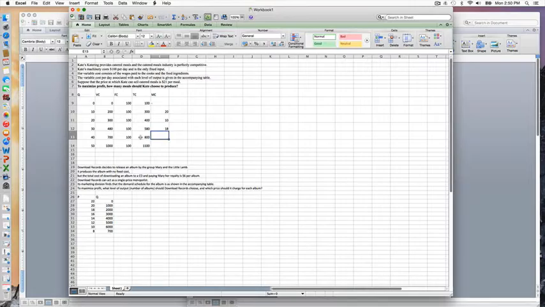So this is going to be 22. And 1100 minus 800, which is 300, divided by change in output 10 again, this is going to be 30. So we have our marginal cost.